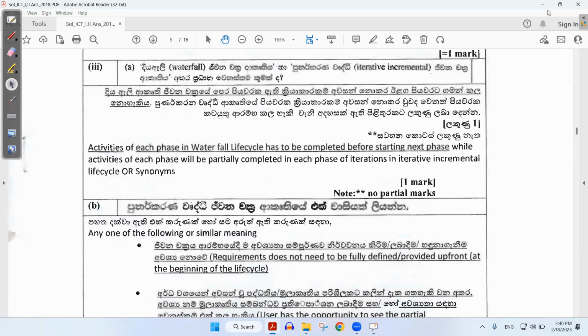Okay, so here it asks, what are the differences between the waterfall and the iterative incremental model? Right? Like the main difference that they have. So the major aspect that they change from one to another is, like in the waterfall model, once a particular phase is done, it should reach the second.